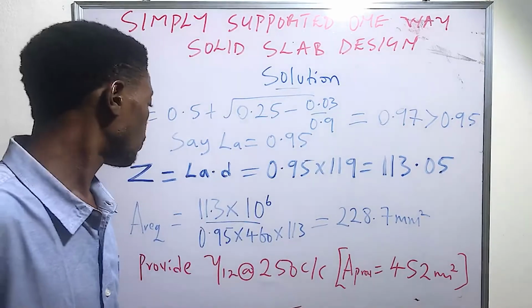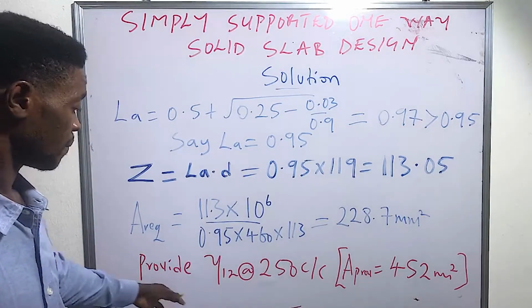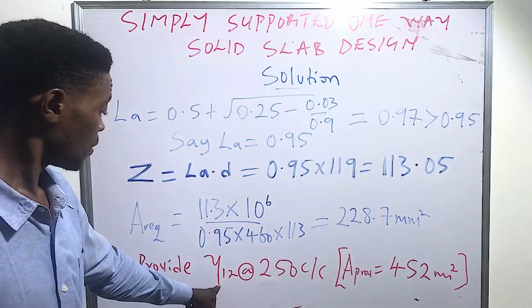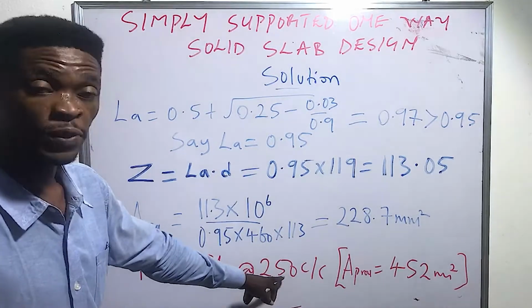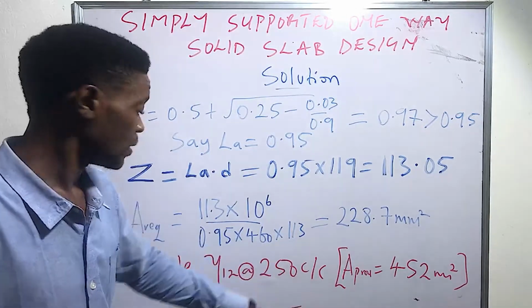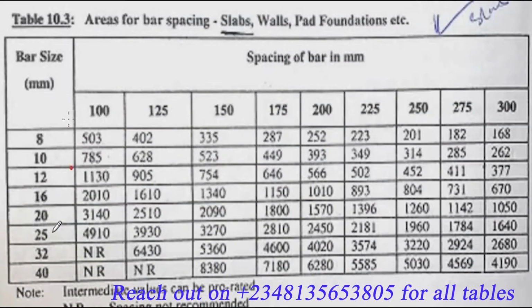From our table, we provide Y12 at 250 center to center of reinforcement. To get your spacing from area for bar spacing, there are two things you consider: the bar size, which is the size of reinforcement, 12 mm, which we are using, and the area we got from our design, which is 228.7 mm square.